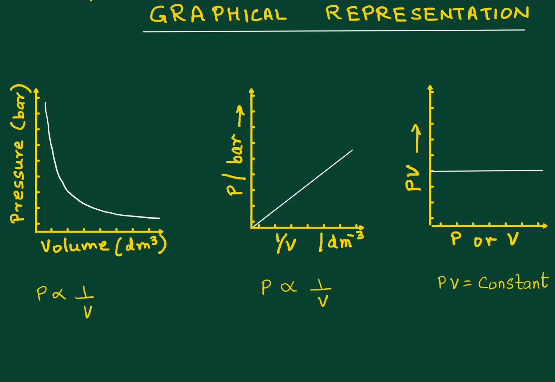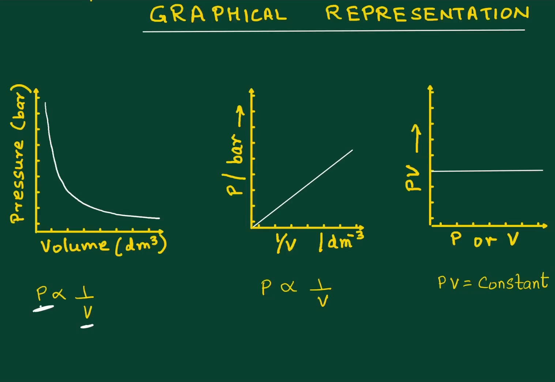We've just now seen that pressure is inversely proportional to volume, right? So you notice the shape of the graph. When the pressure increases, the volume is decreasing, and this is how we have the graph. What about pressure and the inverse of volume? Pressure is inversely proportional to volume, agreed.